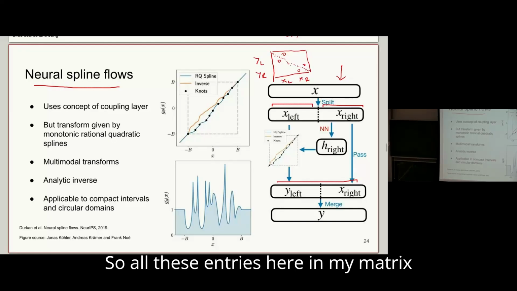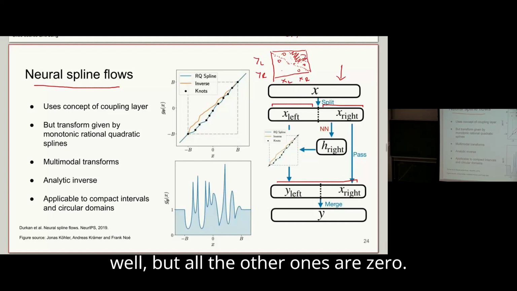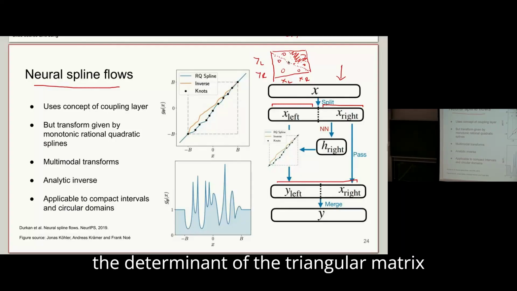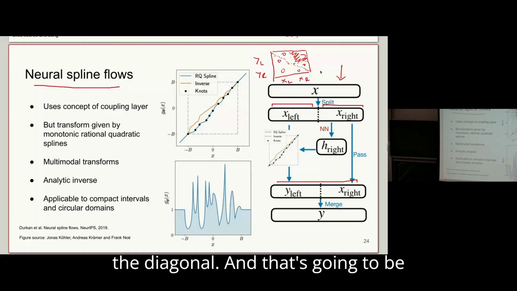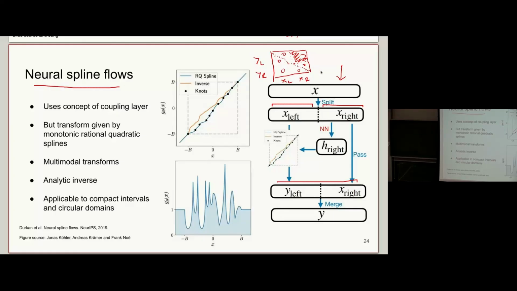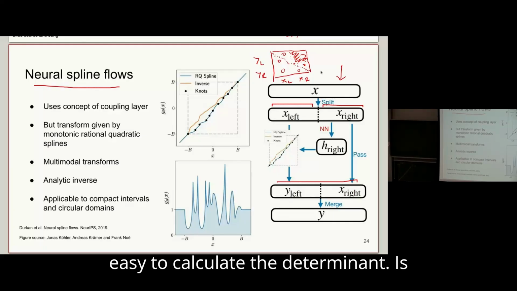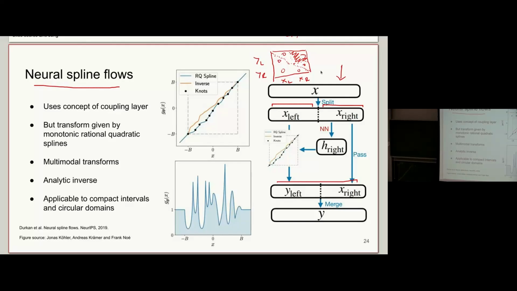Okay? So all these entries here in my matrix are going to be non-zero as well, but all the other ones are 0. And this is now a triangular matrix. And the determinant of the triangular matrix is now the product of the elements in the diagonal. Okay? And that's going to make it very easy to calculate the determinant. Okay? Is this clear with this coupling transform?